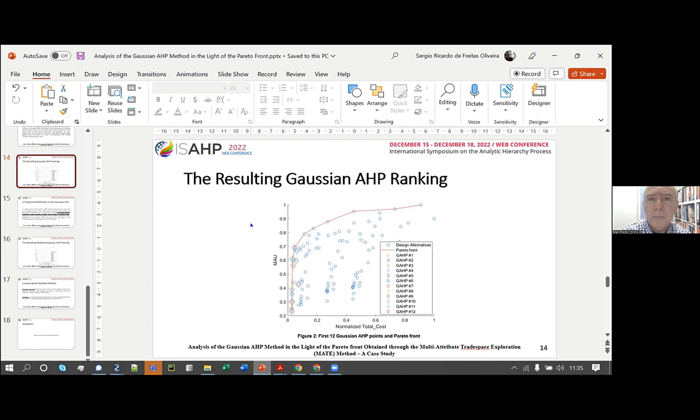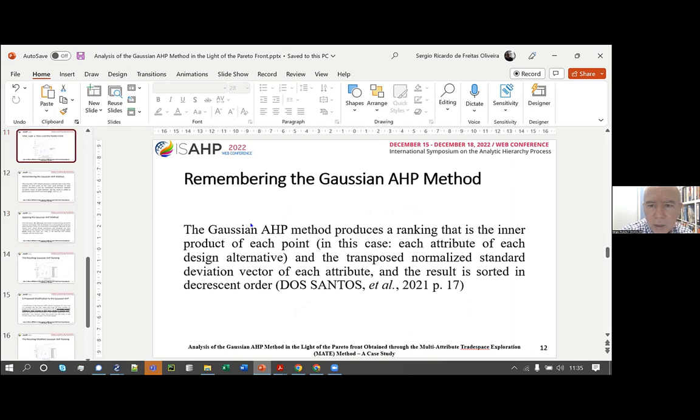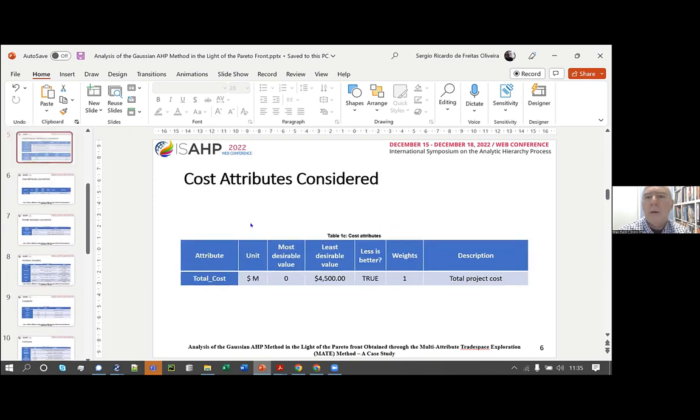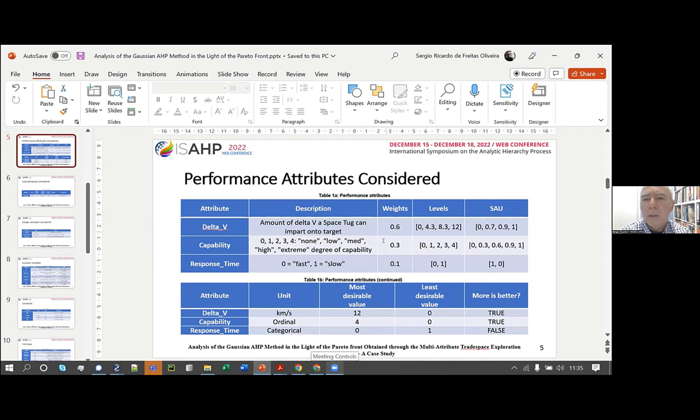No, but how do you decide on the weights of the multi-attribute function? Good question. Actually, the original authors who proposed this case study used a committee of subject matter experts to assign those weights that you see here: 0.6, 0.3, and 0.1.